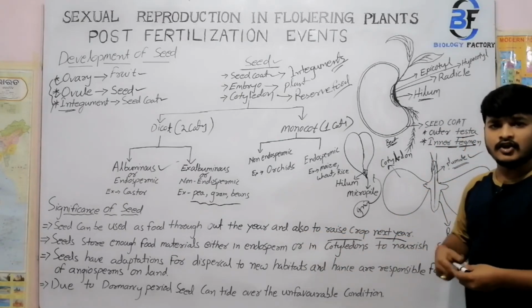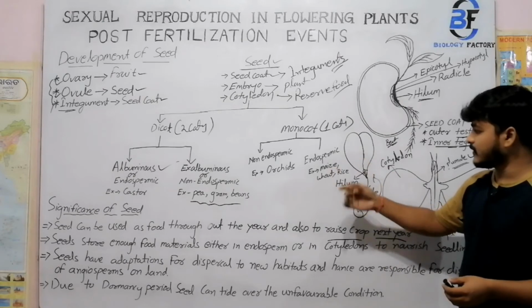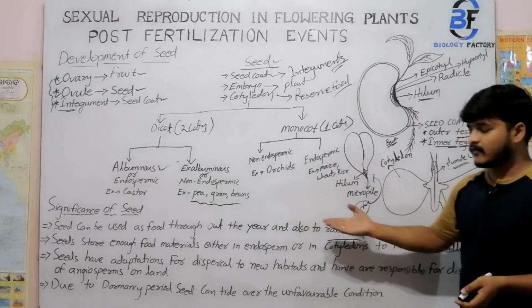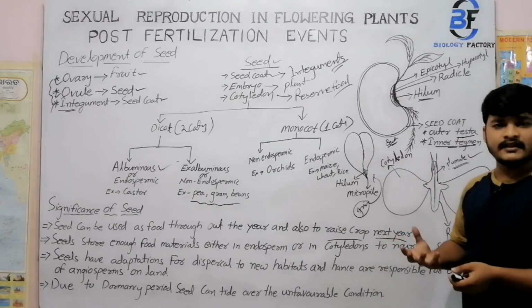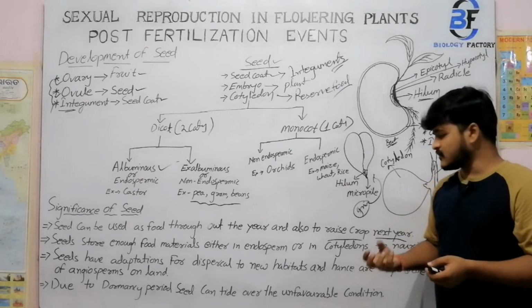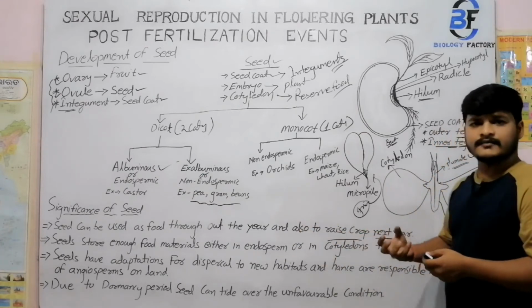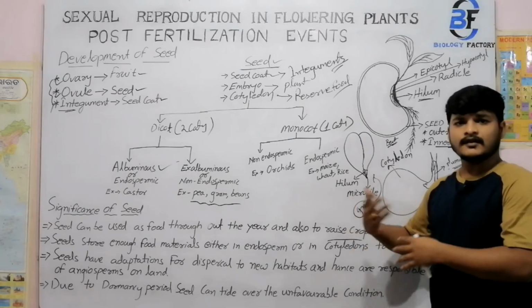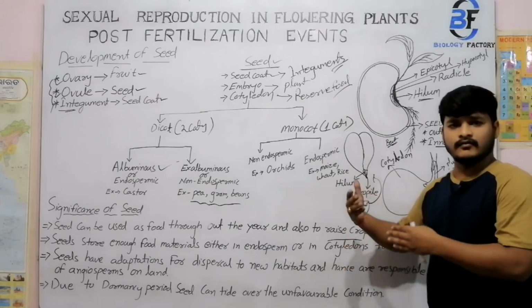If we talk about grains like maize, wheat, rice, etc., these are stored, and they are the most common food source of human beings. So these crops are raised, preserved, and cultivated year by year.